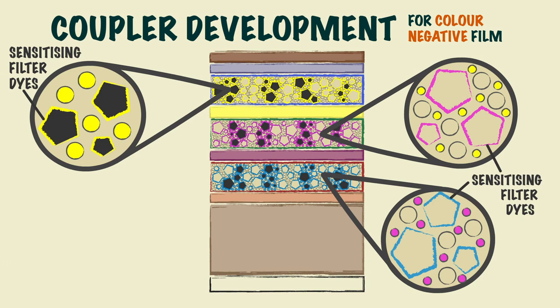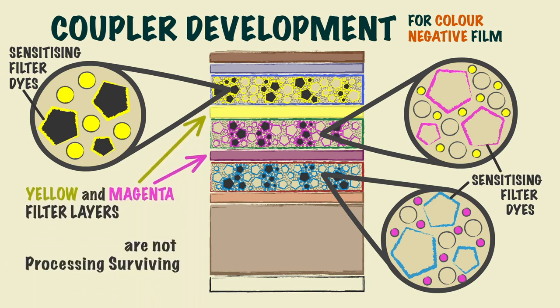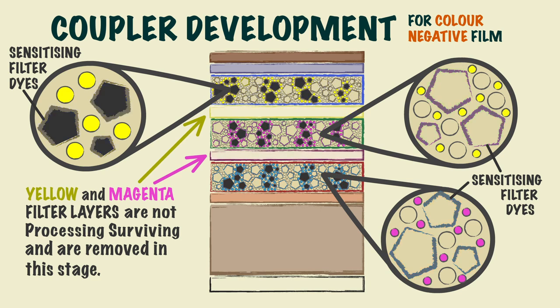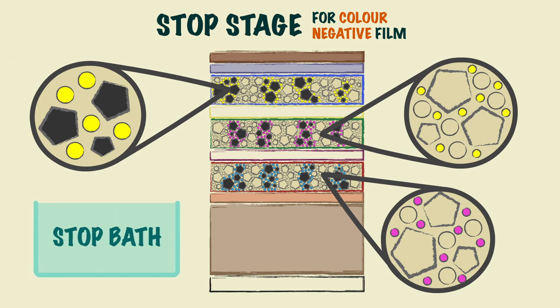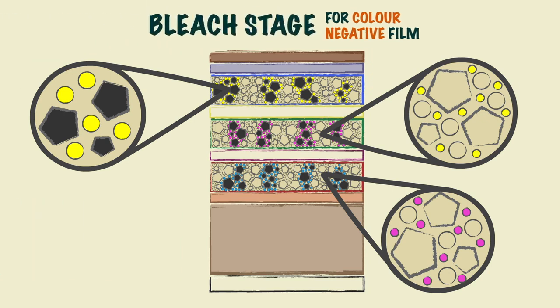However, sensitizing filter dyes and both the yellow and magenta filter layers are not process surviving and are removed in this stage since they were only needed when the film was being exposed. After this, the stop bath is used to stop the chemical process of the developer, and then the film is bleached.